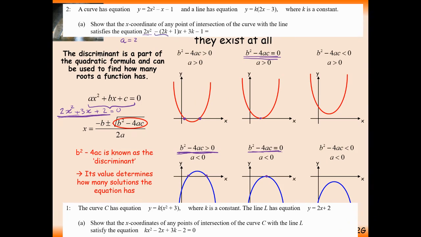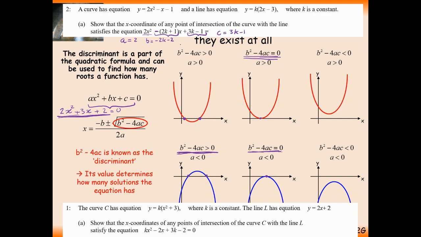The value of b here is actually the negative of this bracket here, so you have to be careful. b is actually minus 2k minus 2, right? And the value of c also is a combination of a constant. So c is actually 3k minus 1.